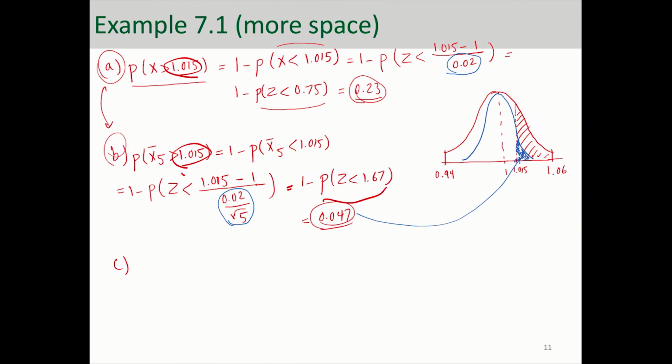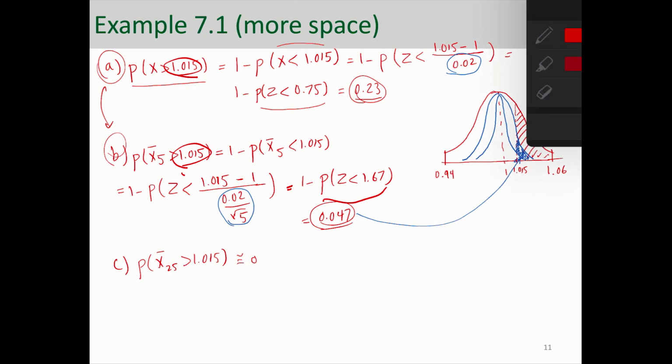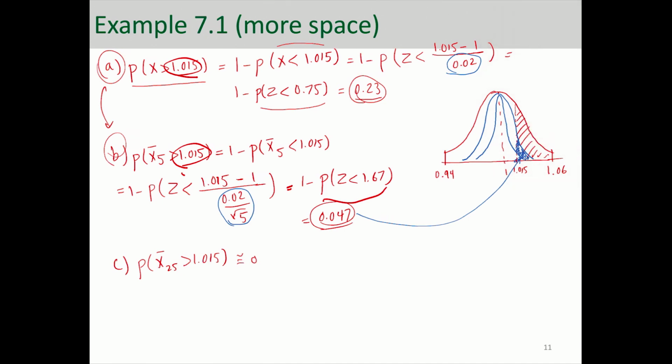You're calculating the probability of x bar 25 greater than 1.015, and you will see that this is approximately 0. Because for x bar 25, the distribution is much narrower, and this area here is very small. That's why it's very close to 0.